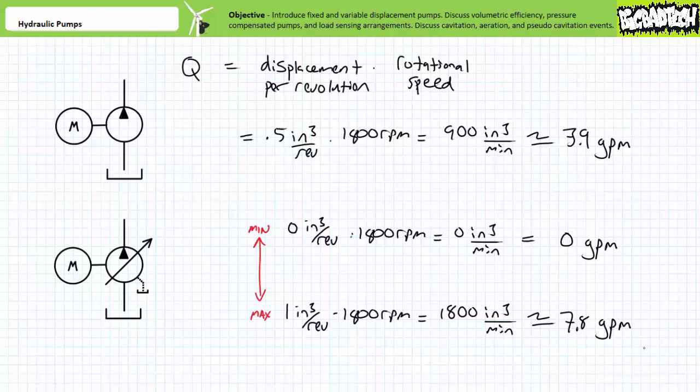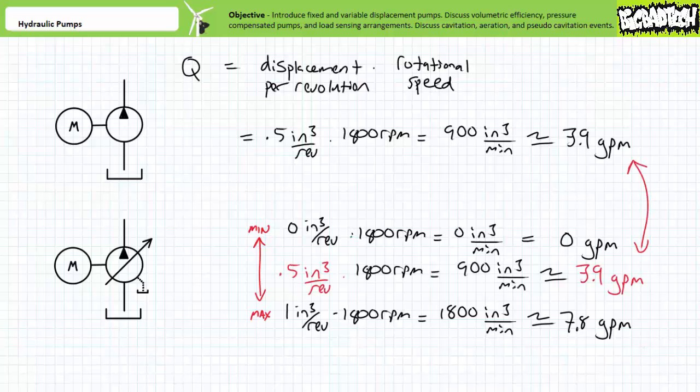This means the pump can produce anywhere from 0 up to 1,800 cubic inches per minute, or from 0 to roughly 7.8-ish gallons per minute. If this variable displacement pump, driven at a constant 1800 RPM, was to provide a comparable flow rate to our previous fixed displacement pump, we'd have to adjust the displacement to 0.5 cubic inches per revolution.